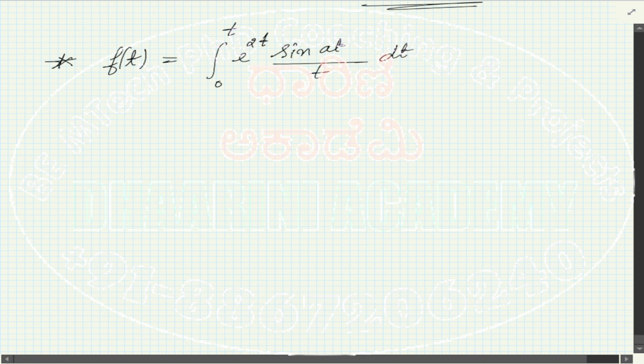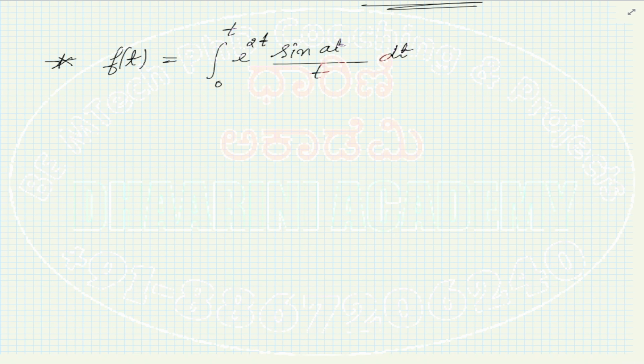So anyway, I can see that there is a sine function, it gets divided by t, then there is e to the minus function. Okay, so let's start with the function sine at by t.